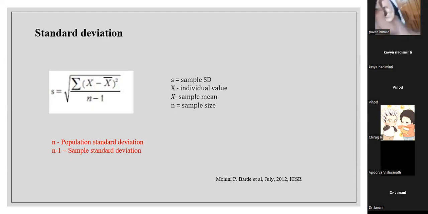If you have selected a particular group of patients, like you are sampling, and you are calculating standard deviation, then you have to use n-1. That will show some sampling error will be there. If you are calculating the standard deviation for the whole population, you have to use n. If you are sampling, you have to use n-1. That's the difference.